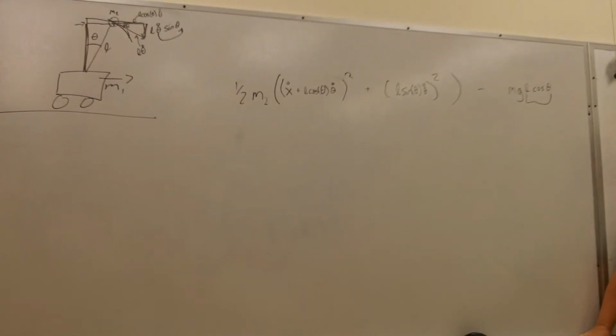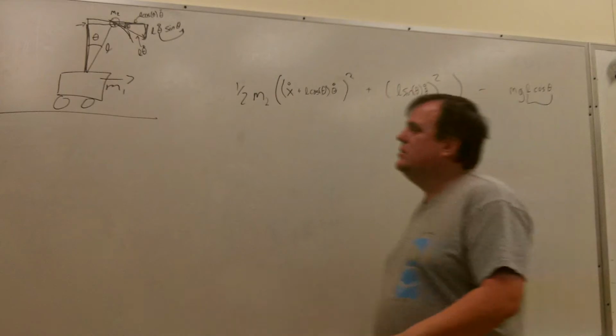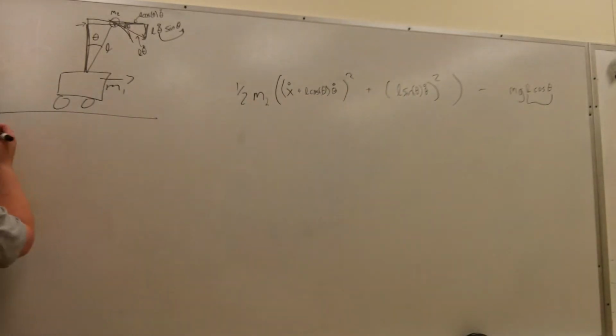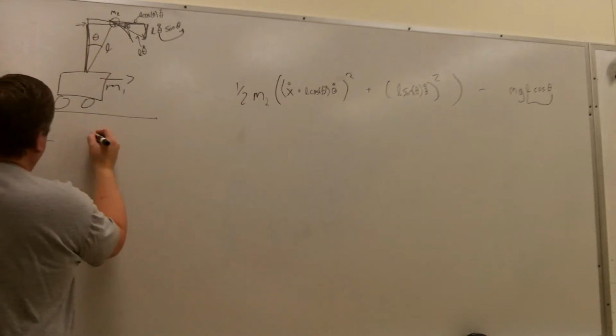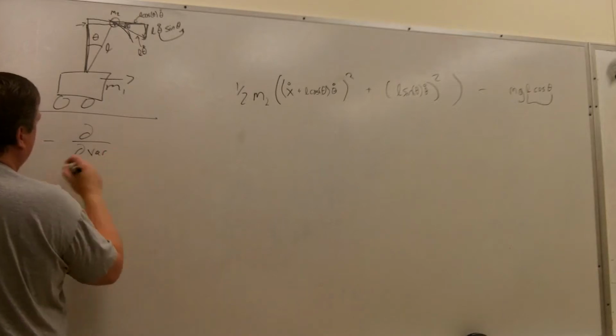So at this point, I now have my Lagrangian. All I have to do is take the appropriate derivatives. So remember, what we're going to want to do is take d/dt of the partial with respect to my variable dotted, minus the partial with respect to the variable.